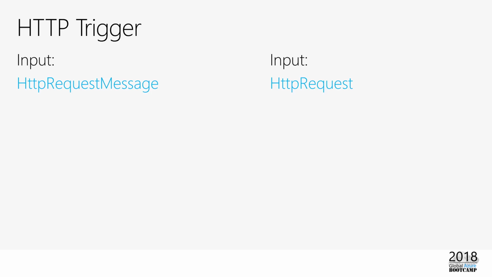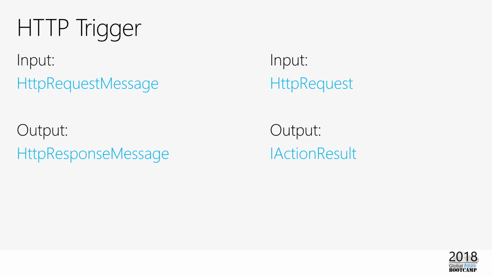So left-hand side is version 1 and right-hand side is version 2. So the difference is in version 1, as an input binding, the HTTP request message object is used. On the other hand, as an input binding in version 2, HTTP request is used.